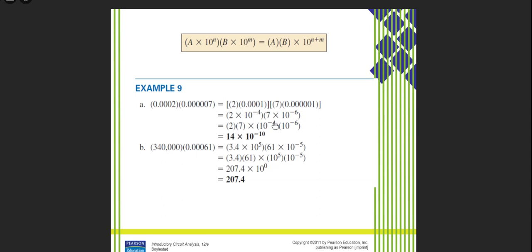And when I have 10 power of negative 4 multiplied by 10 power of negative 6, I will just write down one 10 as a base and add up the powers. Negative 4 plus negative 6, the result is negative 10.